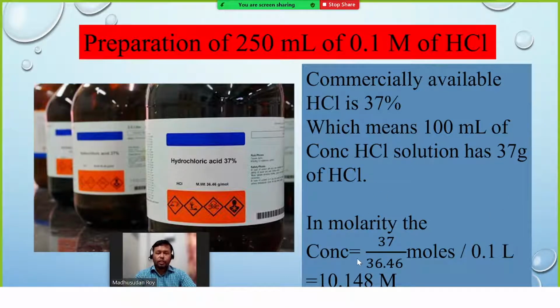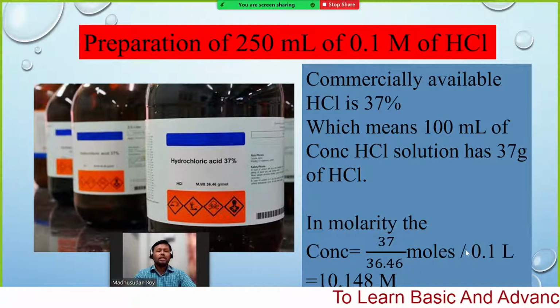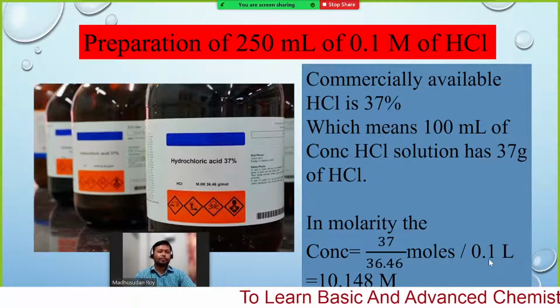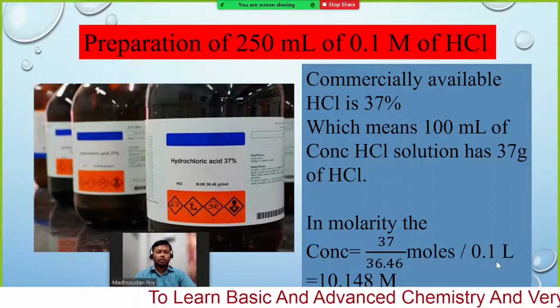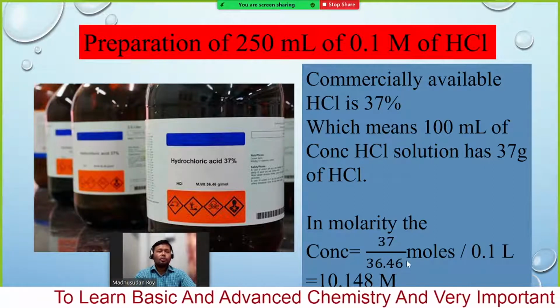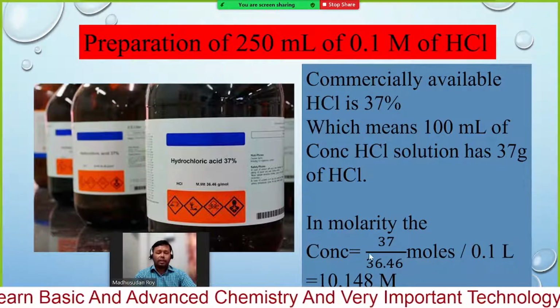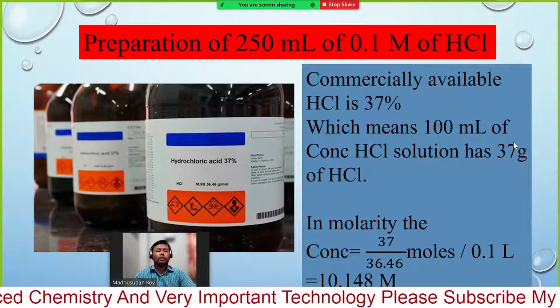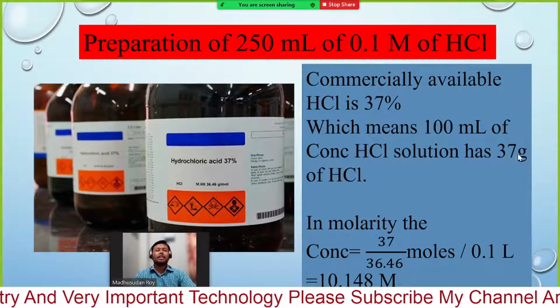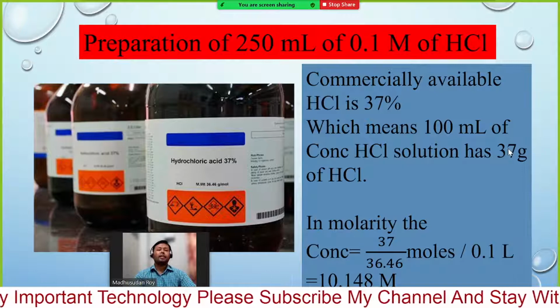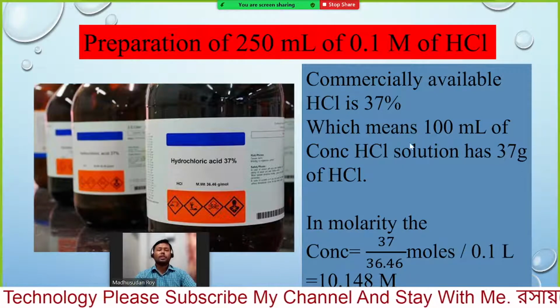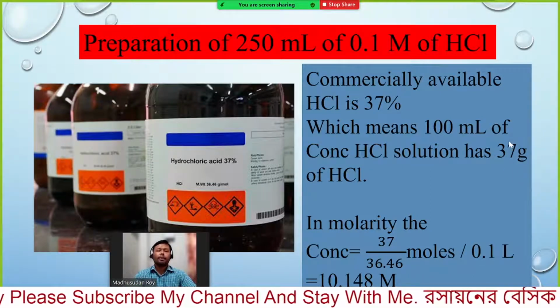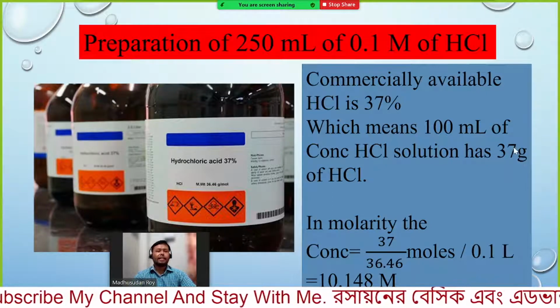Just use the formula: concentration equals number of moles divided by volume in liter. Here you know the weight of hydrochloric acid, that means 37 gram, in 100 milliliter of solution.